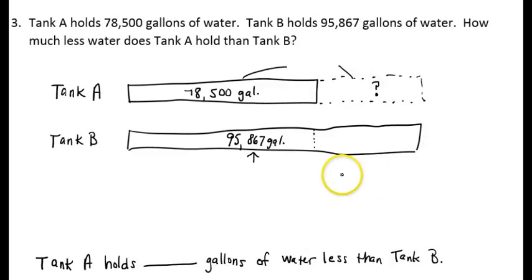So the total is 95,867 gallons. That's the total for tank B.